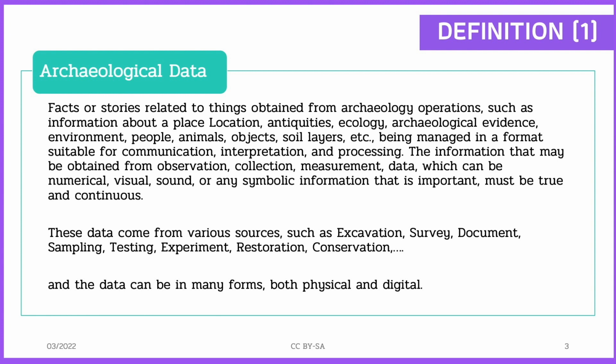This data comes from various sources, such as excavation, survey, documents, and sampling, and the data can be in many forms, both physical and digital, such as databases, tables, GIS, oral history and narratives, text, and images.